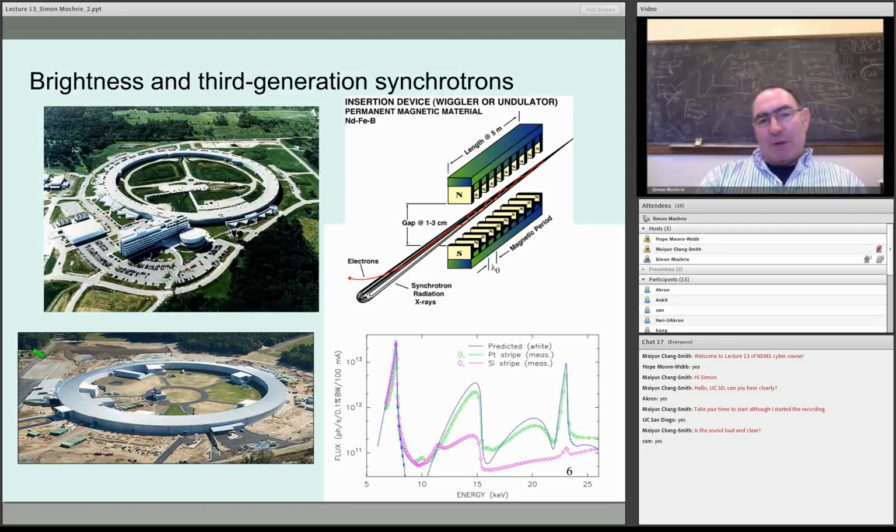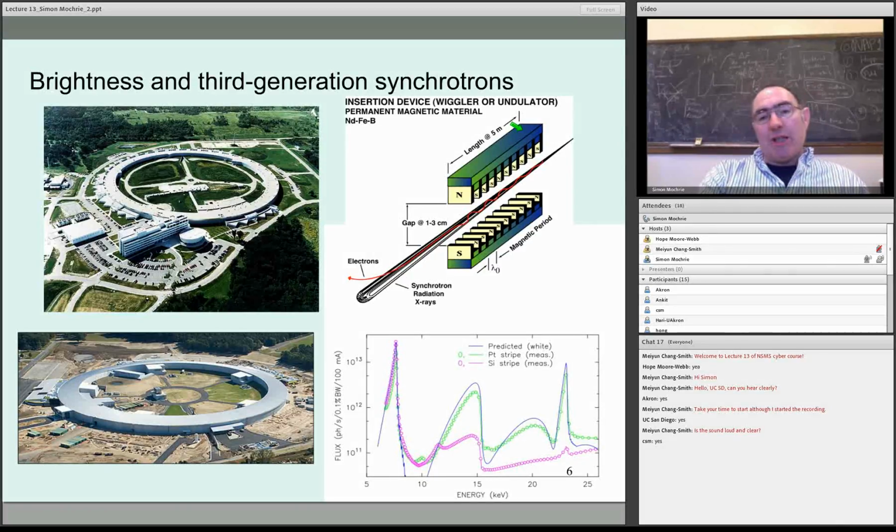But the point I wanted to make with this slide is that the reason that these sorts of sources are desirable for X-ray photon correlation spectroscopy experiments is the fact that these sources are based upon these so-called undulator devices, which undulate the electron beam that runs around the synchrotron in such a way as to create a very intense, very directed source of X-rays at particular directions and at particular energies, depending on the gap between the two bits of the undulator.